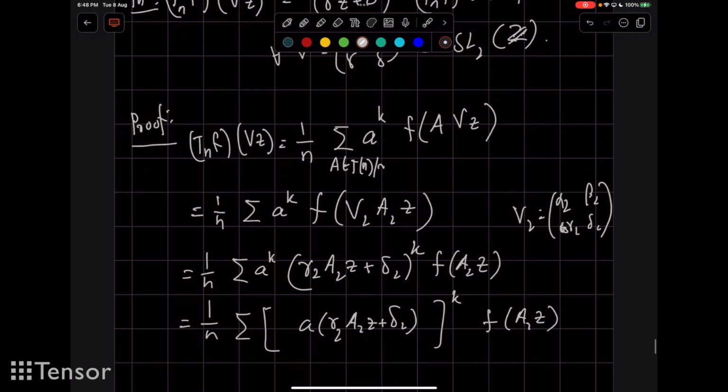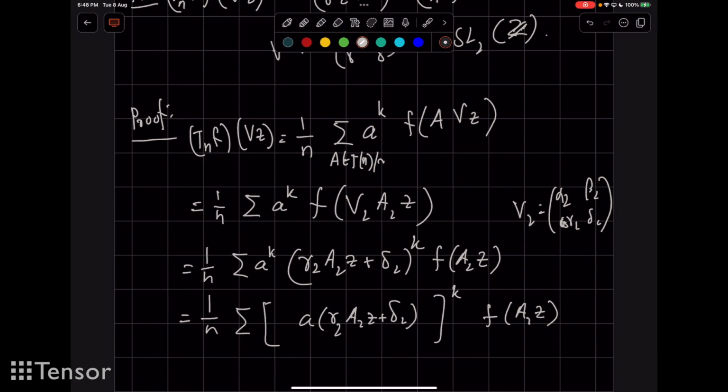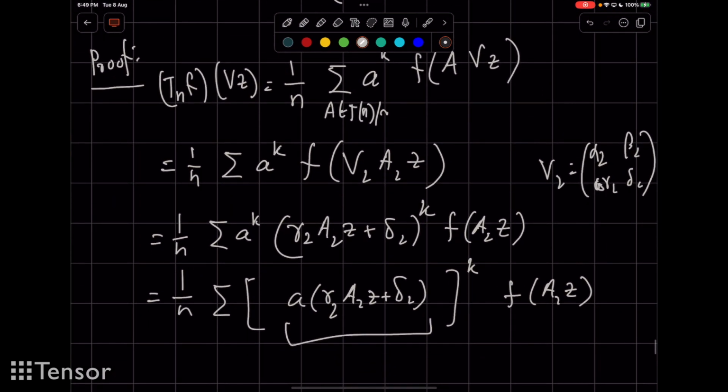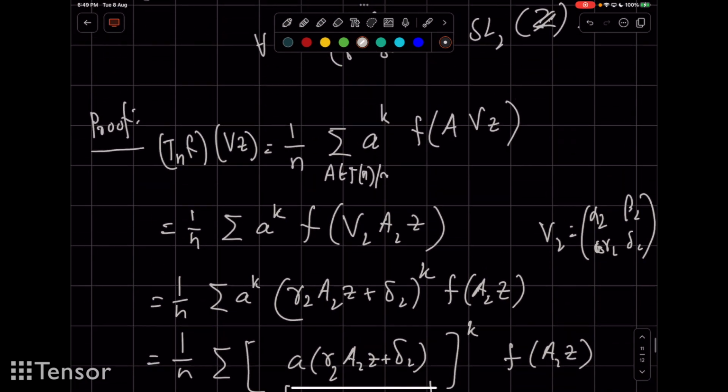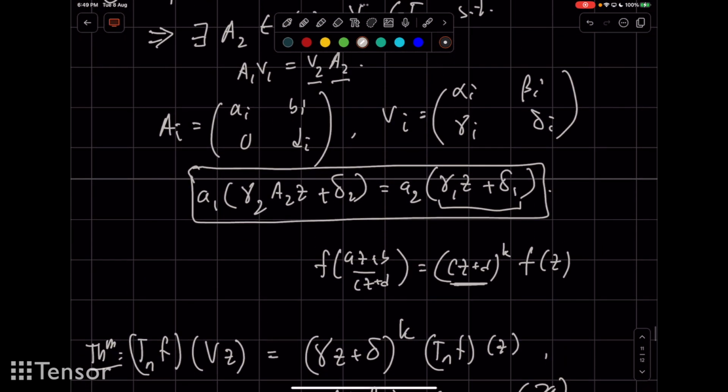Now, which part of the previous theorem are we going to use right now? Does this term look familiar? This is basically the term on the left hand side of this boxed formula. Therefore, that is equal to the term on the right hand side.